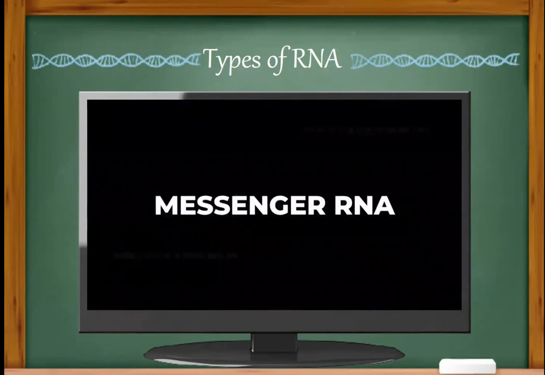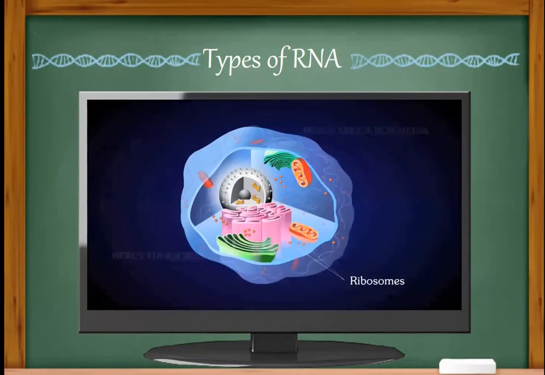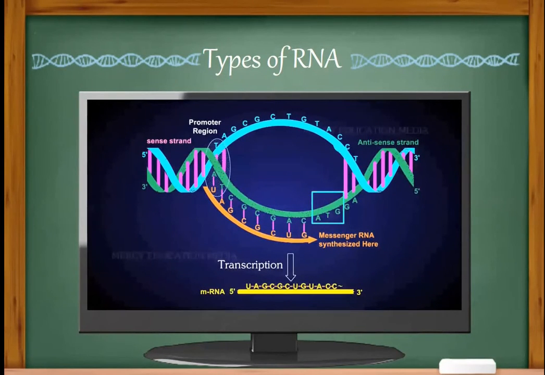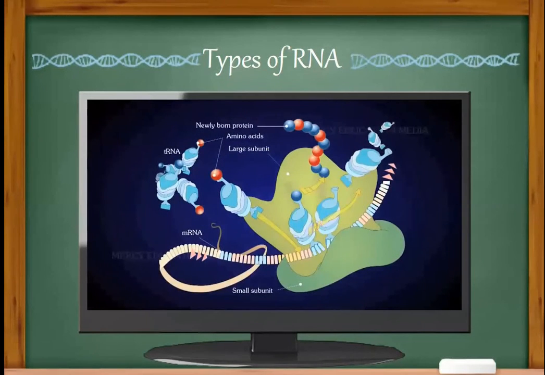Let us know about the messenger RNA. As the name suggests, mRNA carries the genetic information from DNA to the ribosomes. Genetic informations on the DNA are transcribed into the mRNA by a process called transcription. Here the message is translated into action, that is, based on the genetic information, different types of proteins are synthesized.